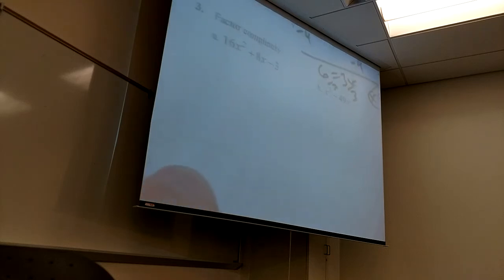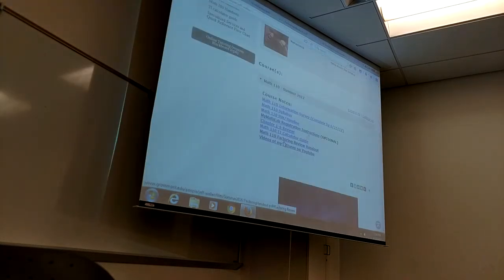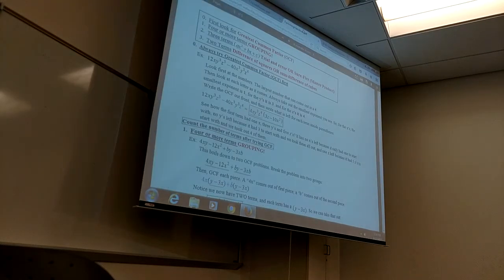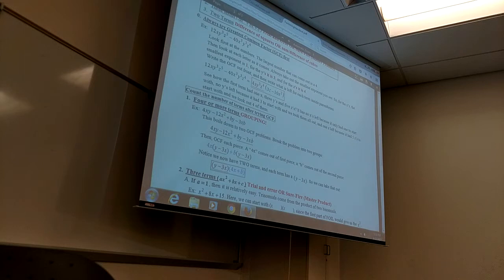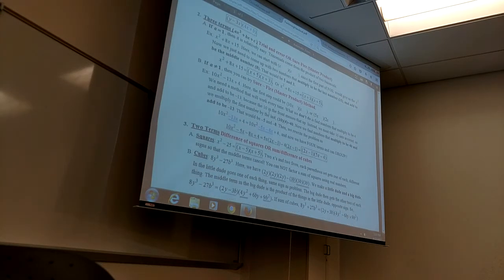Here's the factoring section. I just want to show you guys something real quick. On my website, I've got a little factoring review handout. At the top of the handout is a quick reference guide, and below that is each of those blown up with examples and explanations as to why they work.